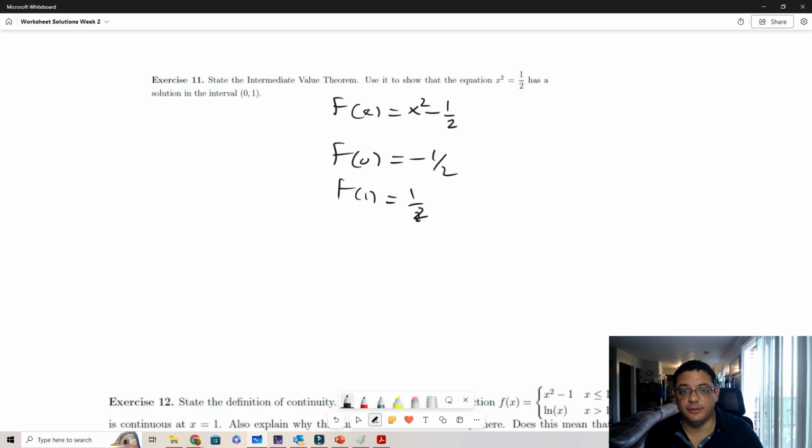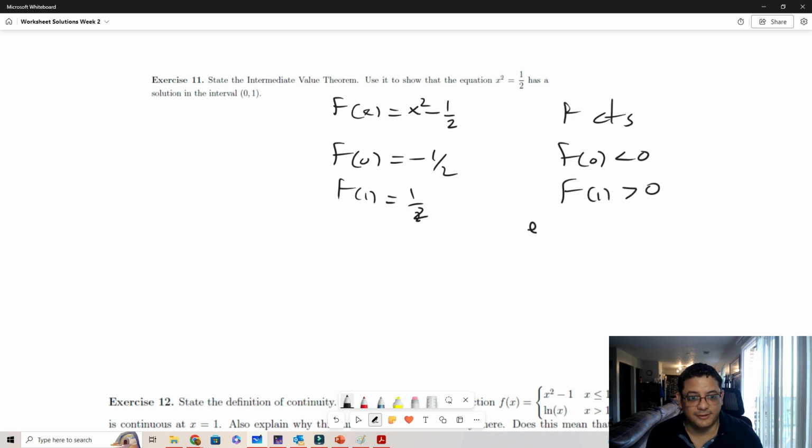So because this function is continuous, so f is continuous, and f of 0 is negative, but f of 1 is positive, there should exist a number c that is in the interval 0, 1, so that c squared minus 1/2 is 0.